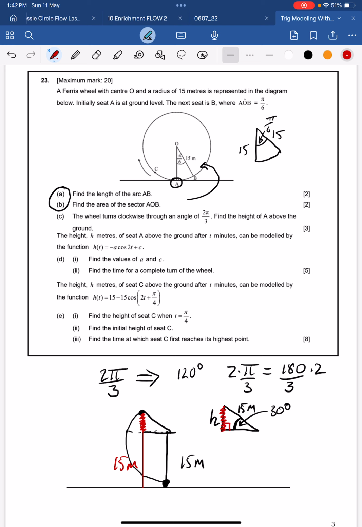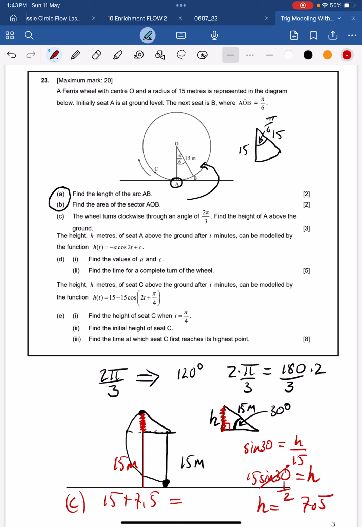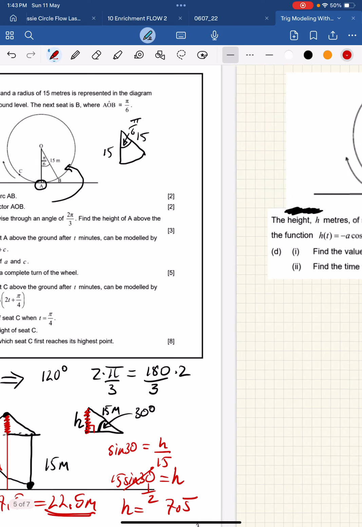Now you should be able to see that sine 30 equals opposite over hypotenuse. So 15 sine 30 equals h, and you should know that sine 30 is a half. So h equals 7.5. So the answer for part C is 15 plus 7.5 equals 22.5 meters.